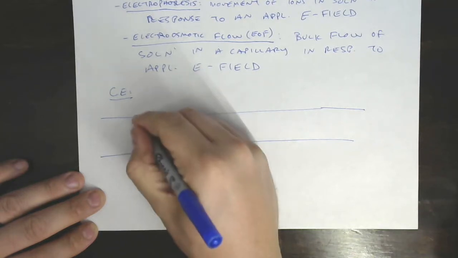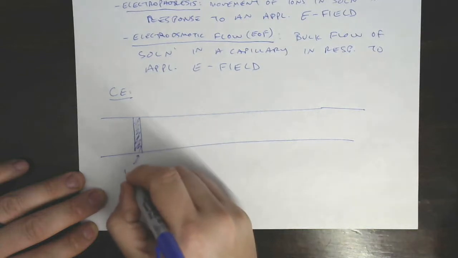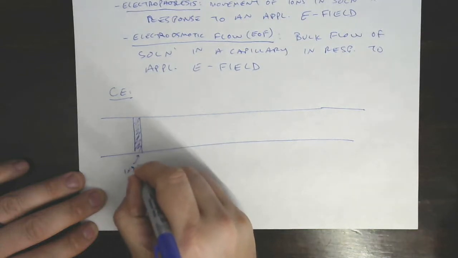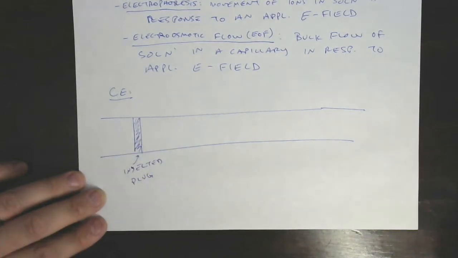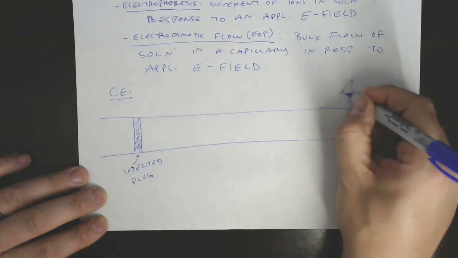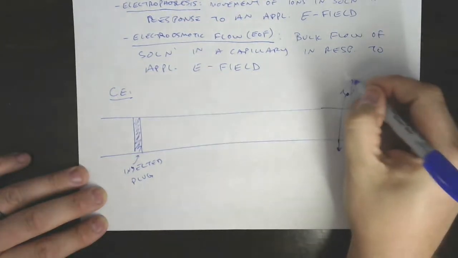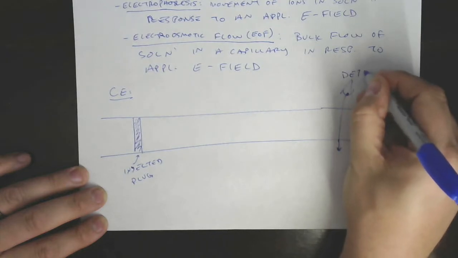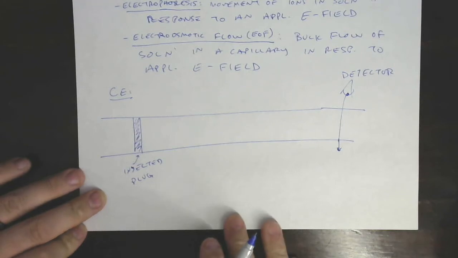So here's that small plug of sample, an injected plug, and we're going to get to how that happens a little bit later, but for now, just take my word for it. Somewhere down the line, at the end of the capillary, we're going to put some kind of detector to watch things go past. And again, we're going to get to what these detectors are and their properties a little bit later.